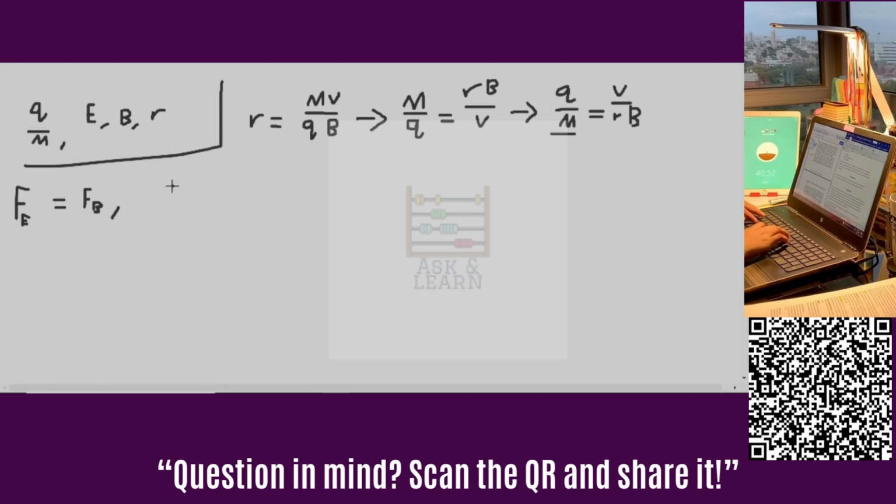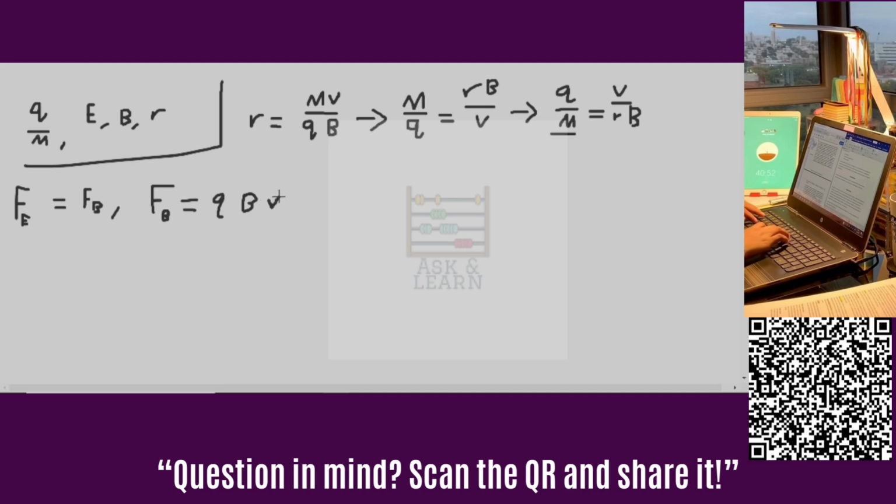The force due to the magnetic field, this is F sub B, is equal to charge times the magnetic field times the velocity.